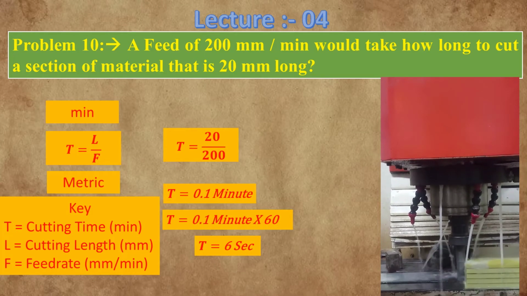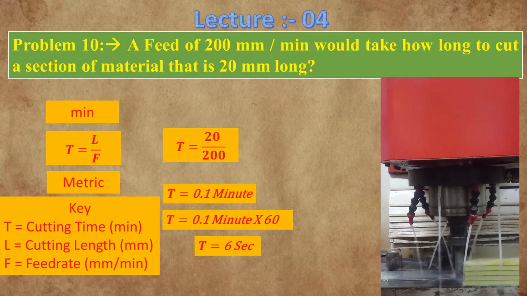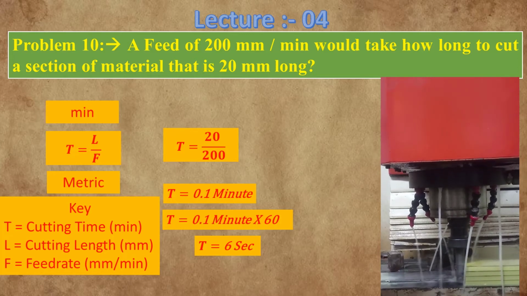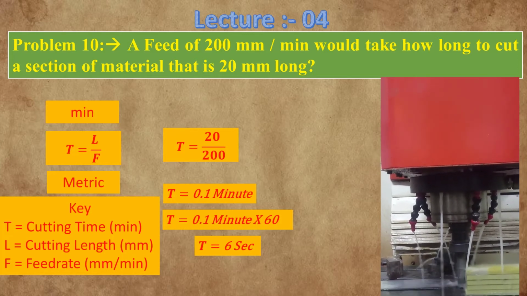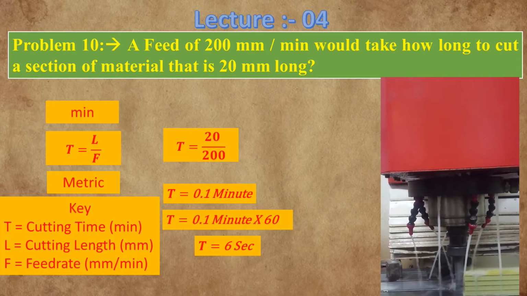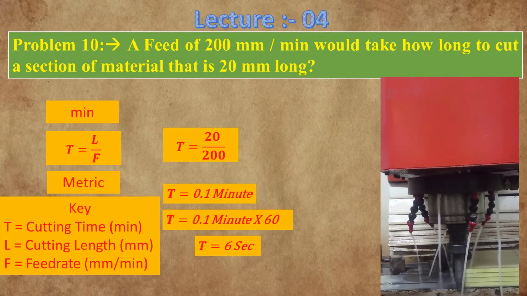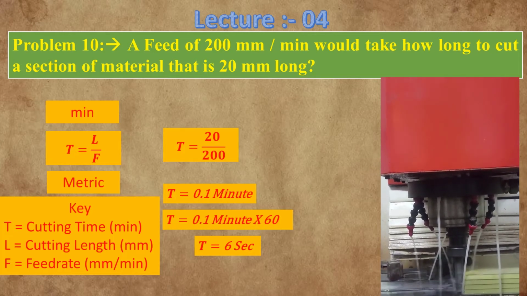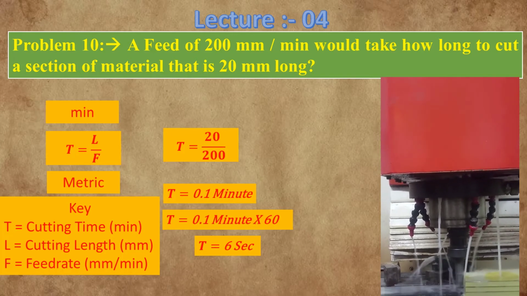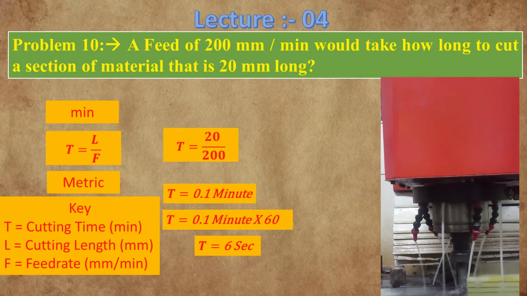So it is a simple case of doing this division sum here. 20 divided by 200 would give us an answer of 0.1. Now that is in minutes. That is how long it will take us to cut this length. So now if we wish to convert that into seconds, we would just times it by 60. So 0.1 times 60 would equal 6 seconds. So the first answer this equation kicks out gives us it in minutes, and then we would just times it by 60 to give us an answer in seconds.